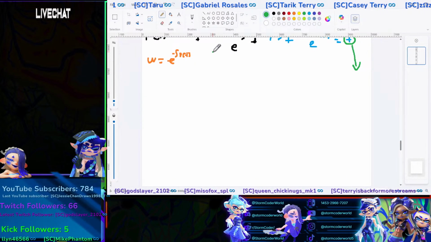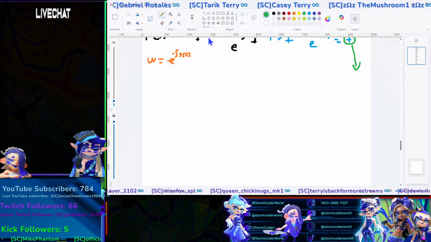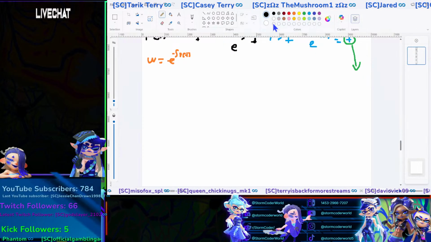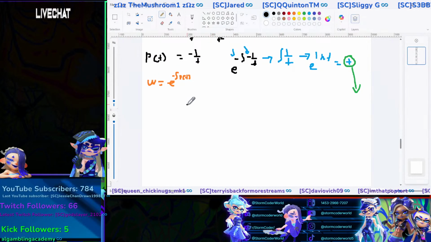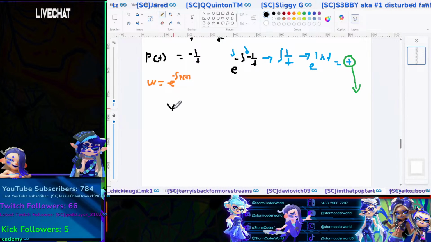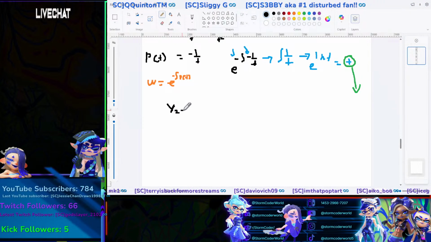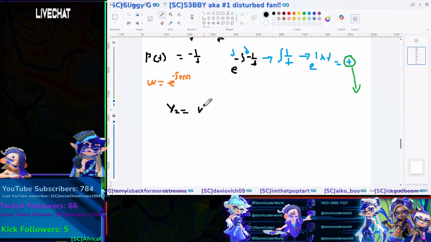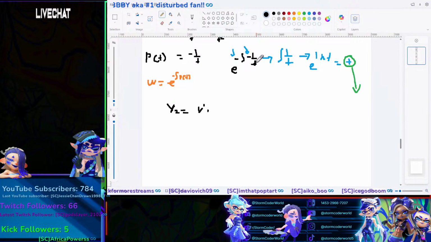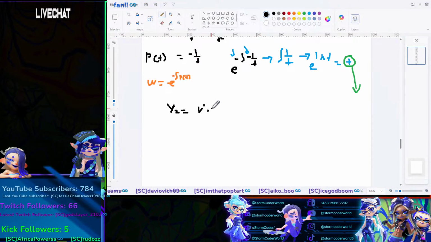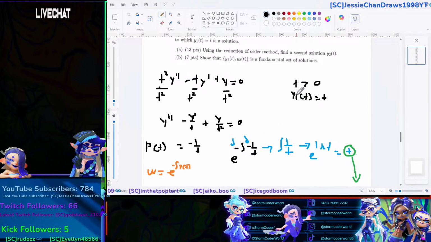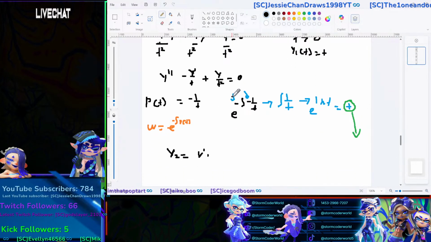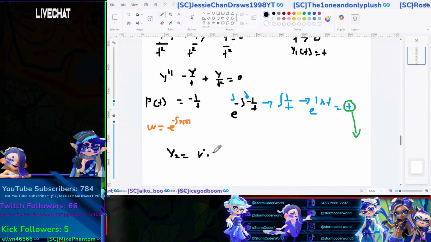Okay. What else are we looking for? Okay, so now that this has been brought down, we're doing a Wronskian. y2 is supposedly going to be v times y1, and y1 in our case is actually t. So we'll run with it.